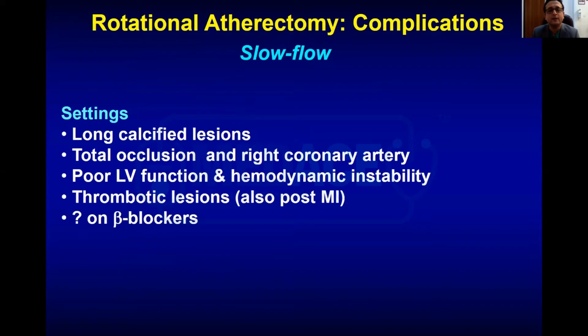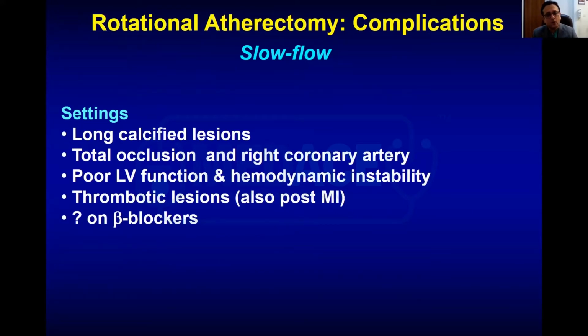So how can you avoid it? I think one thing which I always tell my fellows is that better than avoiding is when you plan for something and you don't even let that happen, is better than actually treating it.